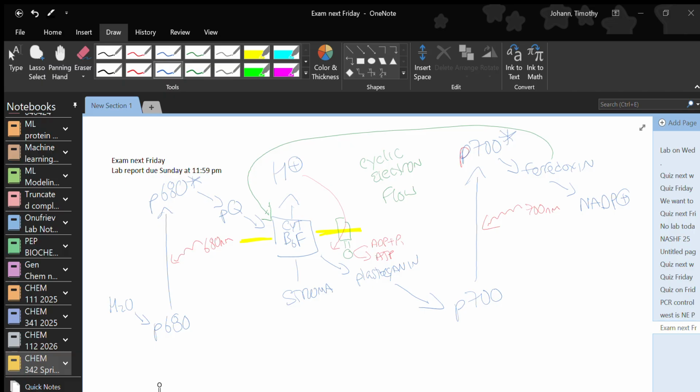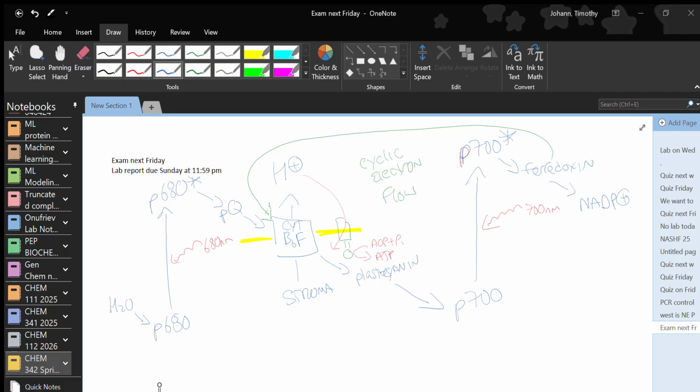In what scenario would they do the cyclic electron flow over making NADPH? I don't actually know what the specific conditions are. That's a great question. But I don't know why you're doing anything other than the dark reactions with this. But you could imagine that while it's light, you're going to be doing dark reactions to store stuff.